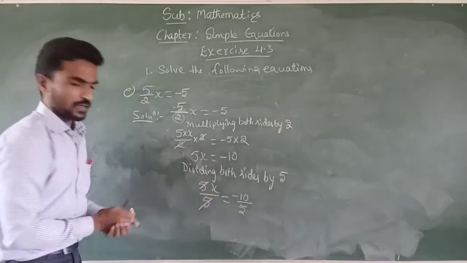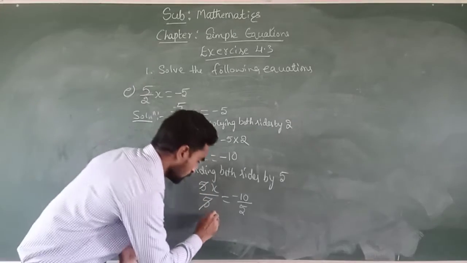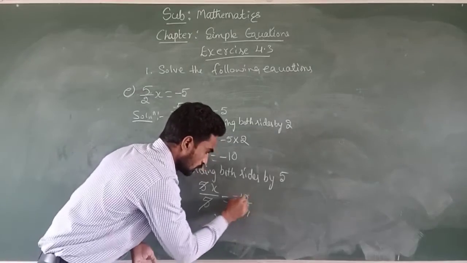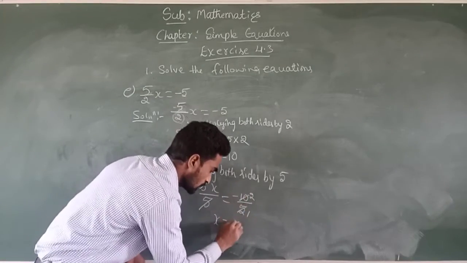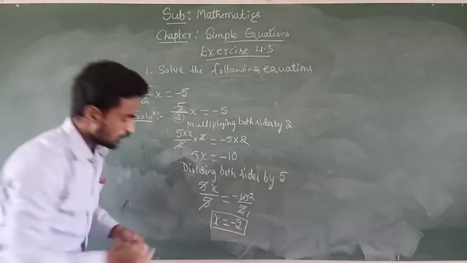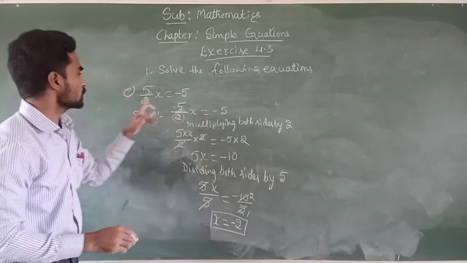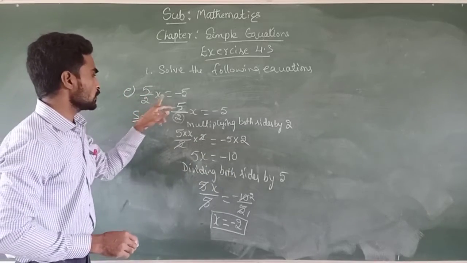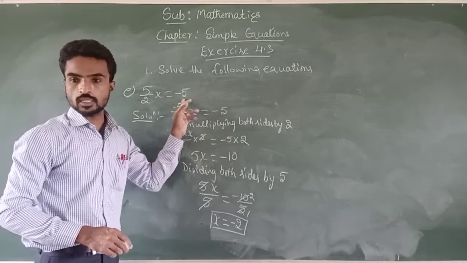Then these 5s will be cancelled out. The remaining term is x, which is equal to minus 2 divided by 1, we can write 2. Then x is equal to minus 2 is the solution for the equation 5 by 2 into x is equal to minus 5.